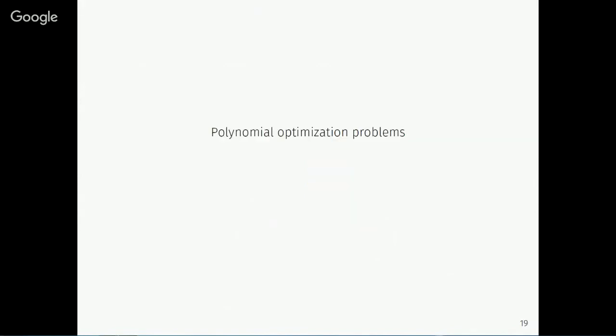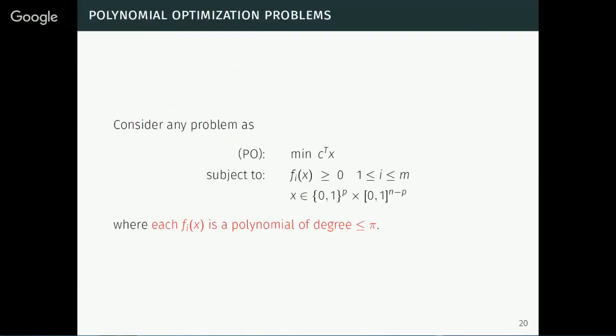So the next step was actually moving to polynomial optimization problems, where we also have continuous variables, which is the case of the AC-OPF problem I talked about before. How do we deal with that? So the setting is the following. You have a minimization of a linear function subject to some polynomial constraints, not necessarily convex, can be anything.